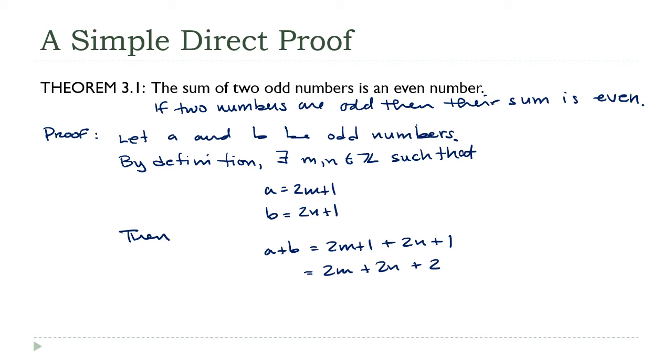Okay, now we're getting somewhere. Remember that we're trying to show that this sum is even, and I'm seeing a lot of 2's in that expression. If we factor them out, we get A plus B equals 2 times (m plus n plus 1).